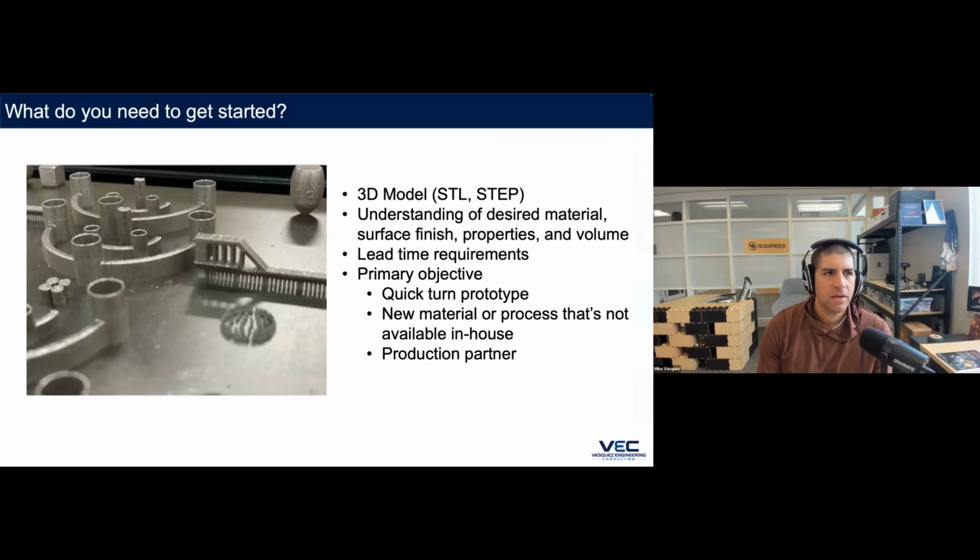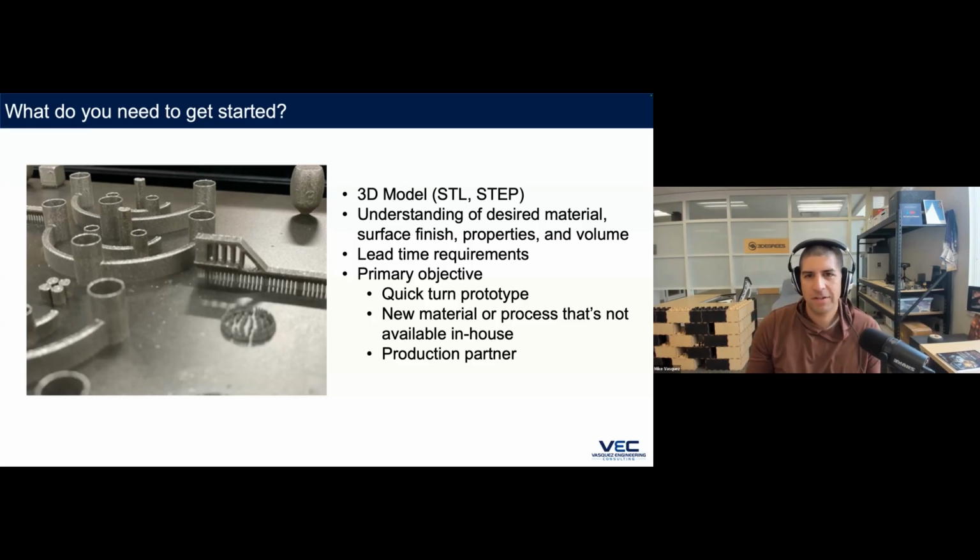But the first thing, the basics of what you'll need to get started, is really some sort of 3D model of a part. You want to think about, at first instance, an individual part, an individual component, right?